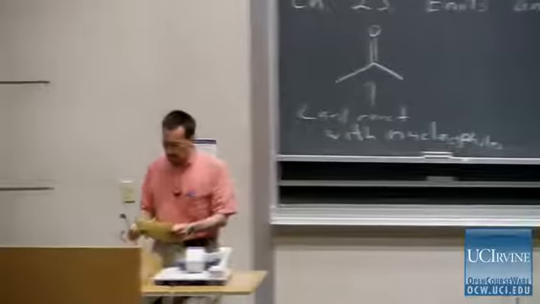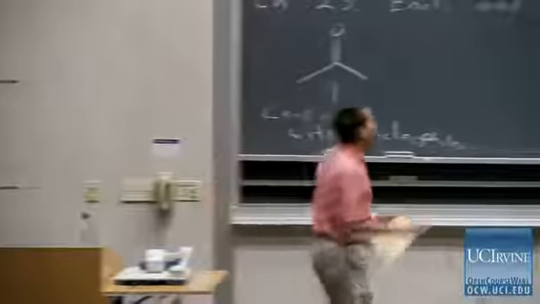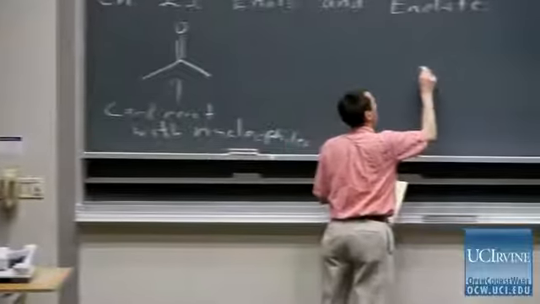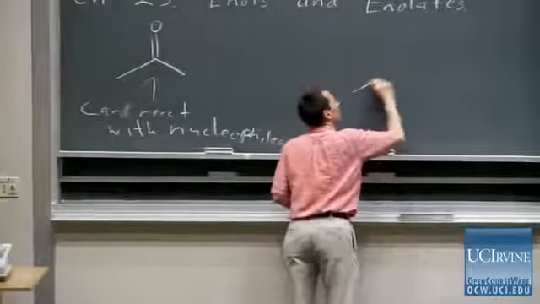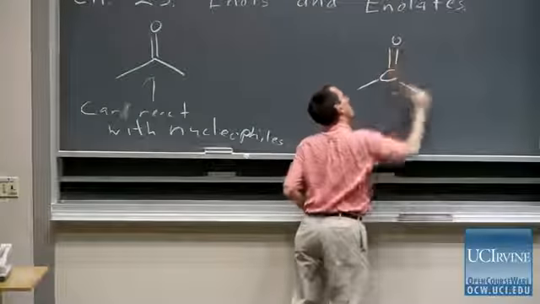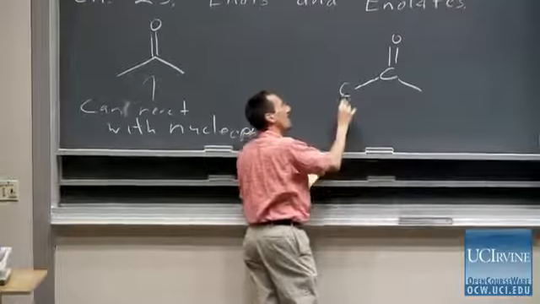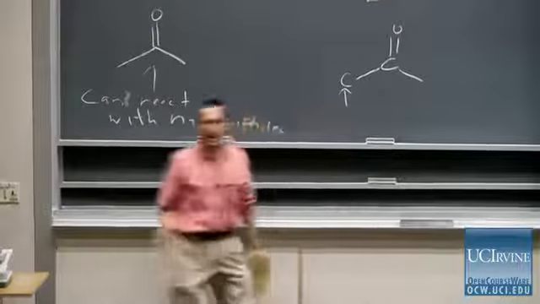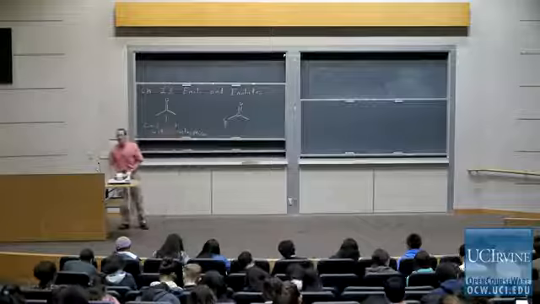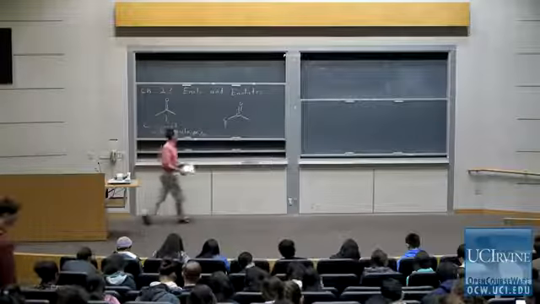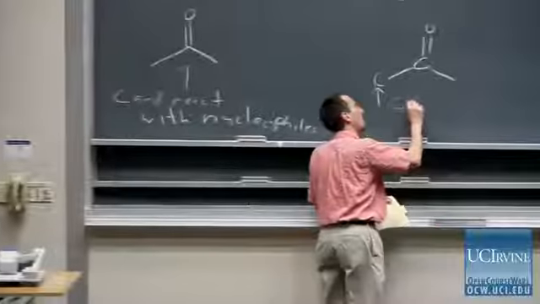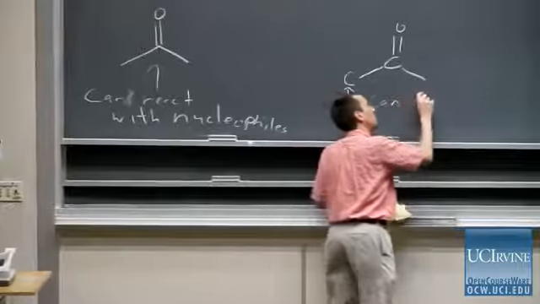And now we come to this second half, and so I'll say now we bring in this notion that the alpha carbon, under the right conditions, can react as a nucleophile. In other words, it can react with electrophiles.